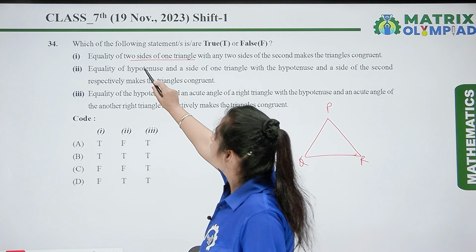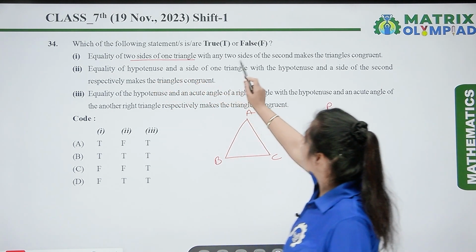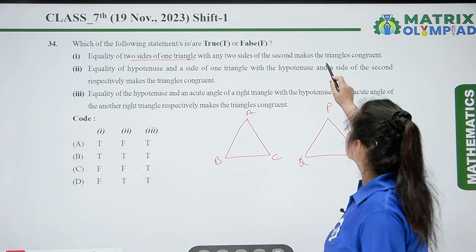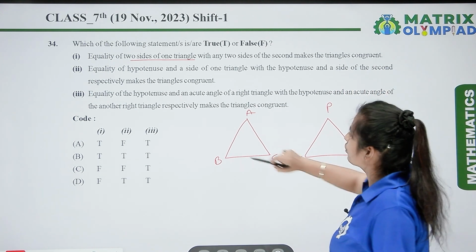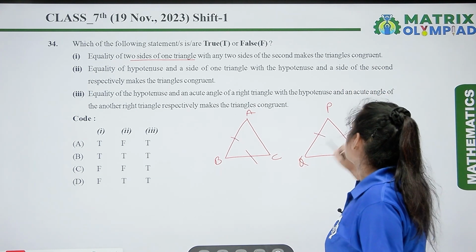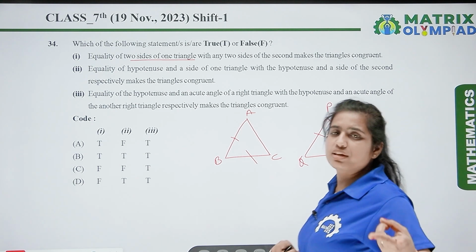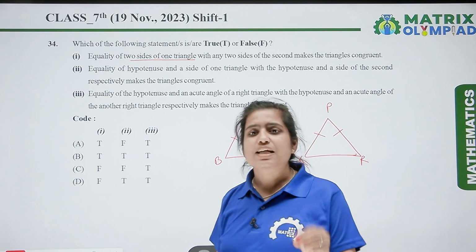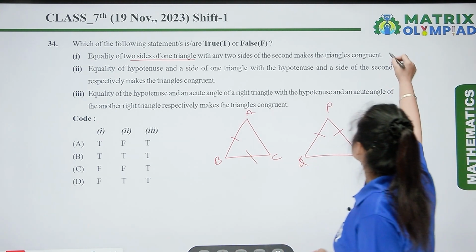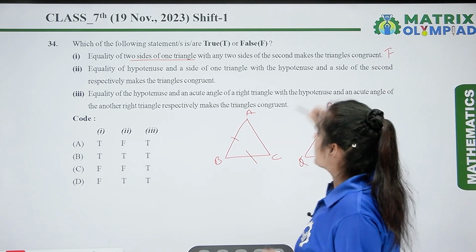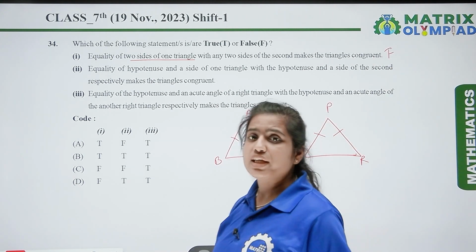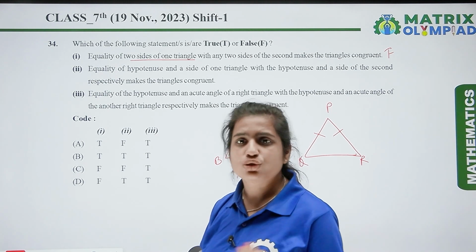Now it is saying that two sides of one triangle with any two sides of second makes the triangle congruent. It means only two conditions can make the triangle congruent.